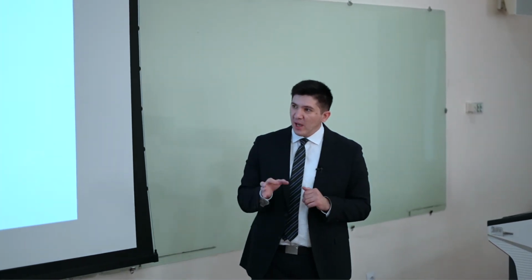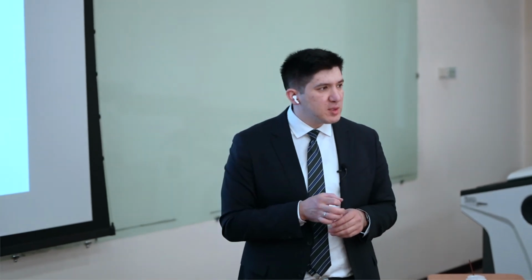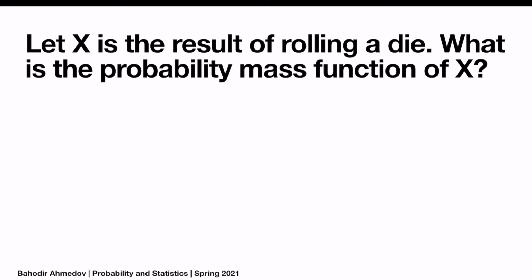So one of the easiest continuous distributions is called the uniform distribution. But if you remember, we used to have the uniform distribution in the discrete case as well. What does it mean that a random variable has a uniform distribution? Well, for example, let's say you roll a die and the random variable x is the output of your experiment. Do you remember the probabilities of getting 1, 2, 3, 4, 5, 6? 1 over 6 always, right?